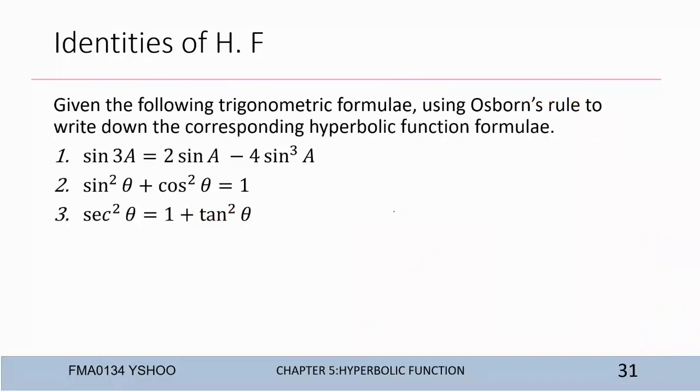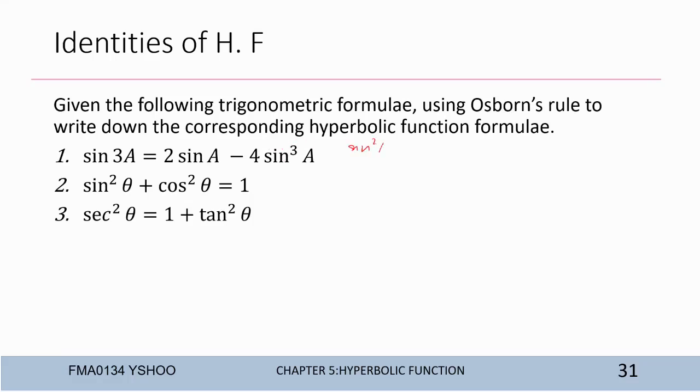Now, let us look at another few examples. Given the first one, sine 3a equals 2 sine a minus 4 sine cubed a. Remember that for an odd power you do not need to change the sign, while for an even power you need to change it. Osborne's rule means that if you have a product of two sines, then you need to change the sign.